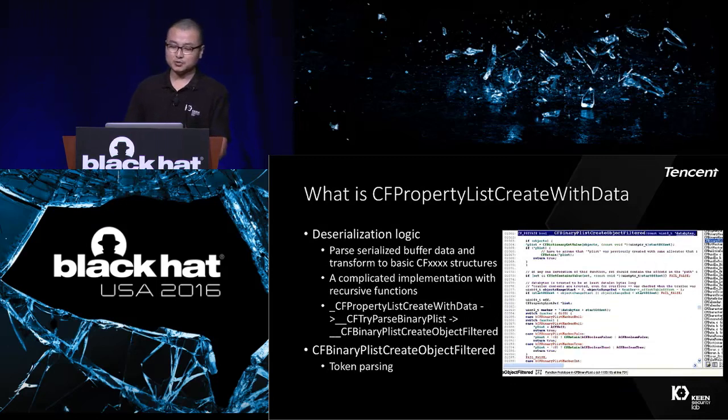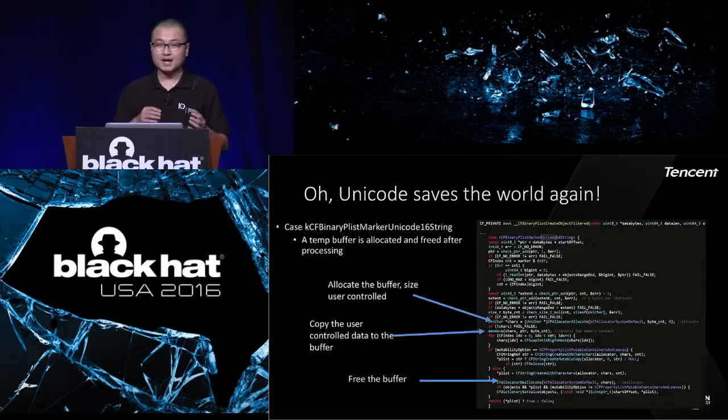And then we try to audit this function, and finally we found if we pass the Unicode string, then we will have this kind of operation. Like in this line, it tries to allocate a memory with the bytes that you can control, and then it copies the content of the Unicode string into that buffer and then frees it.